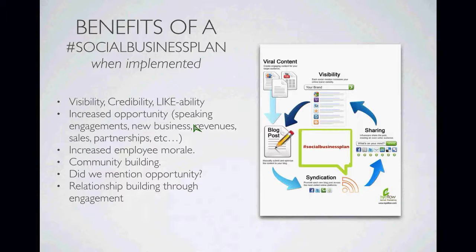When implemented, your social business plan is going to give you a ton of benefits. One we talked about earlier, and that was visibility, credibility, and likability. You're going to find increased opportunity, and I can't even tell you the extent of what that opportunity would be. I have people who call me and say, after the advice you gave me, I made a deal that was worth over $50,000 for one contract.